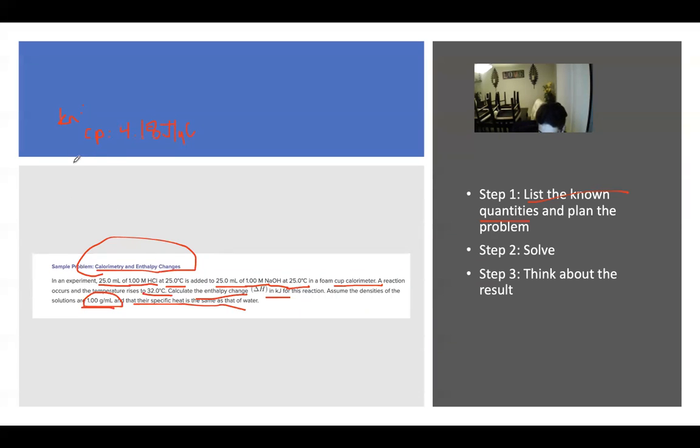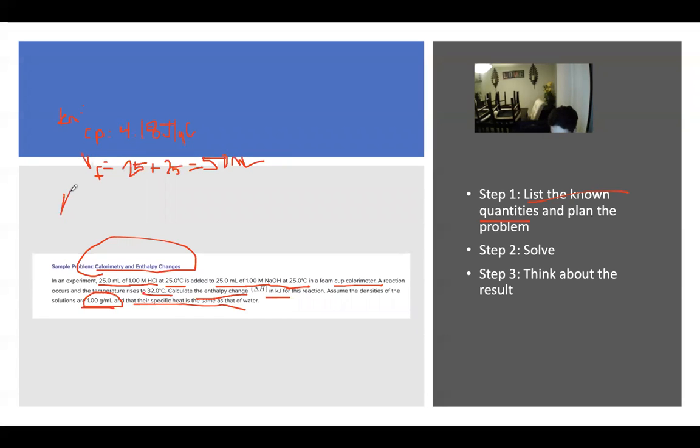Our final volume is 25 plus 25 equals 50 mL.